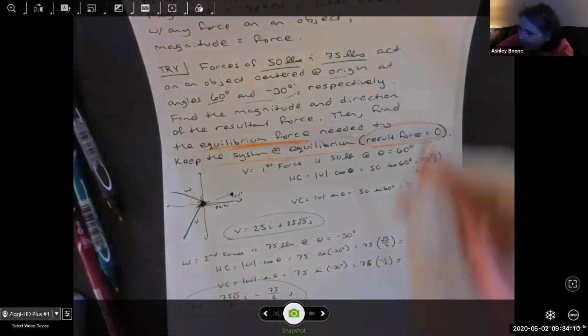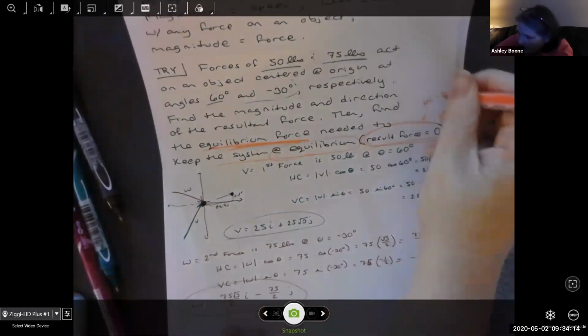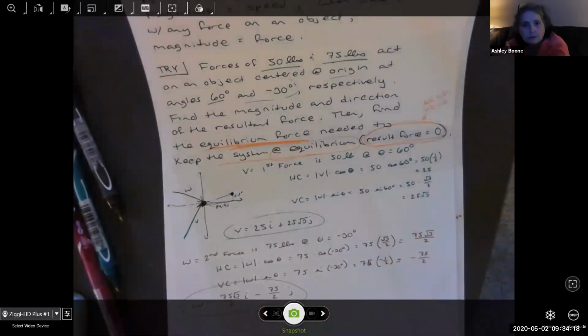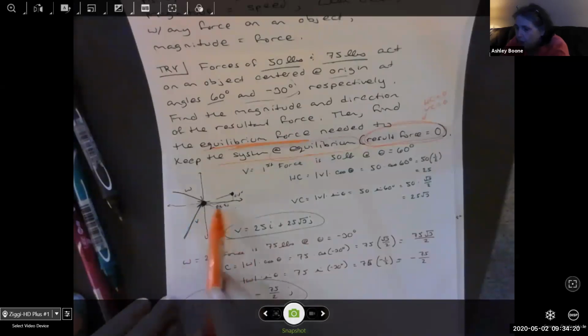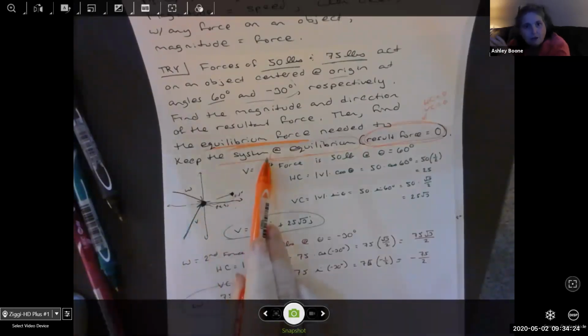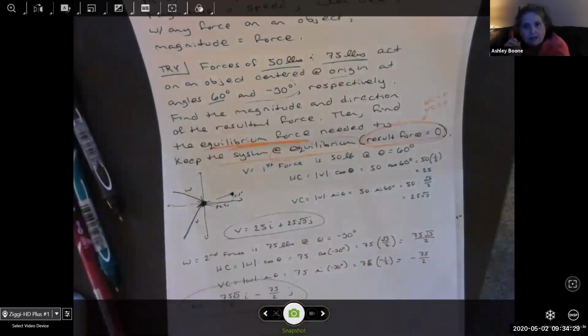What does that mean? That means we want the horizontal component to be 0 and we want the vertical component to be 0. We don't want it thrown off.